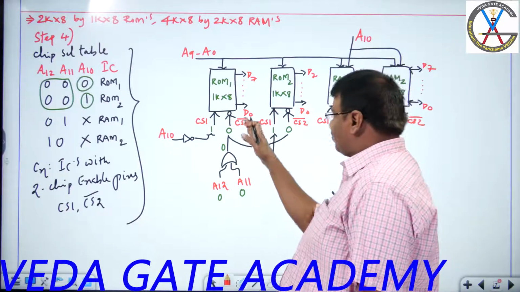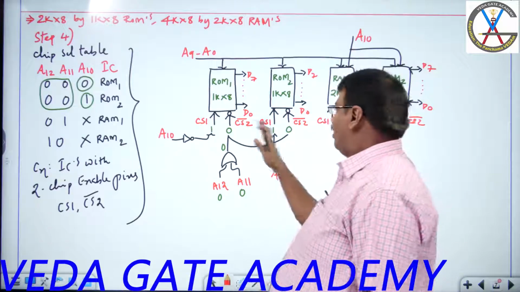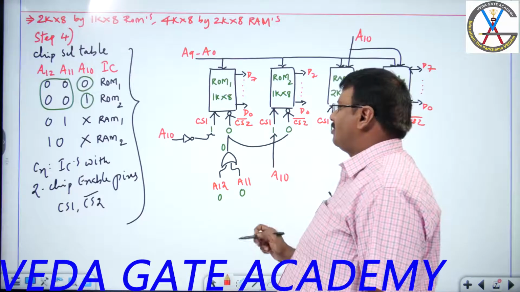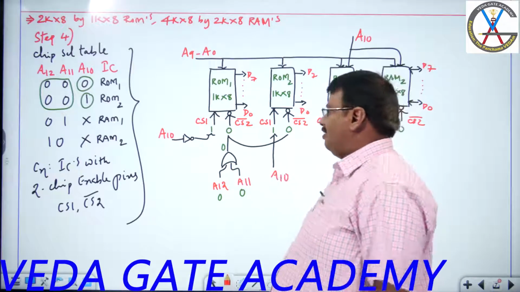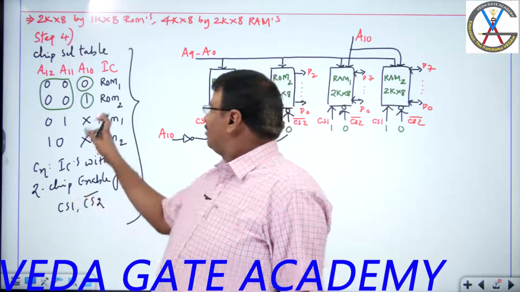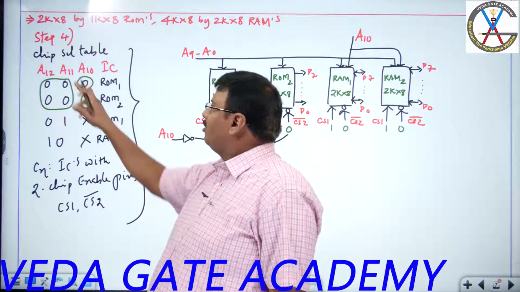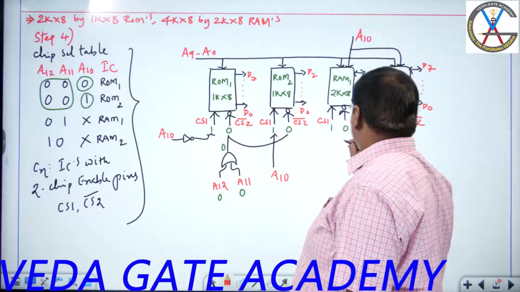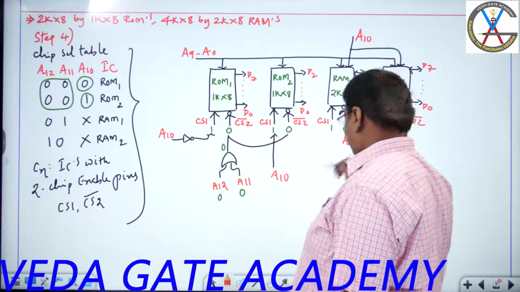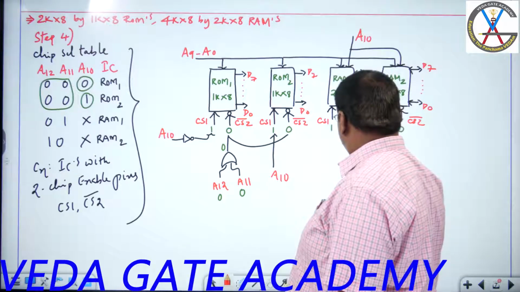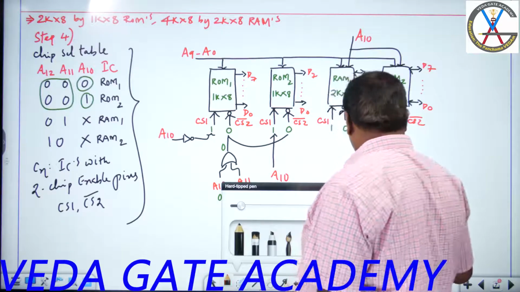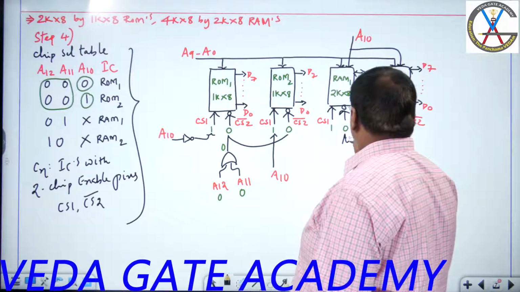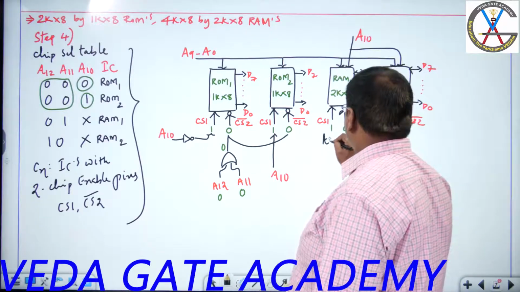A12 and A11 only partially make the ICs ready: only one enable is activated by 0, and the second one is activated by the A10 line. Next, 0 1 for RAM 1: A12 is 0, A11 is 1.